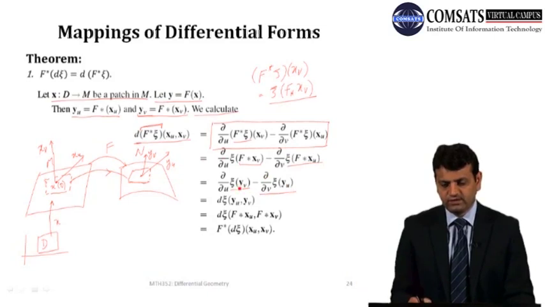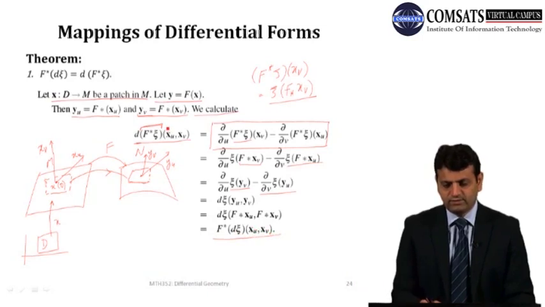Now what is this expression? This expression is just the exterior derivative of xi, which is at point yu yv, and once again this is equal to f lower star of xu f lower star of xv, and so this is equal to the pullback of dxi at xu xv.